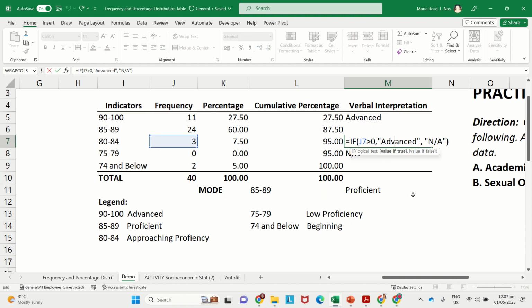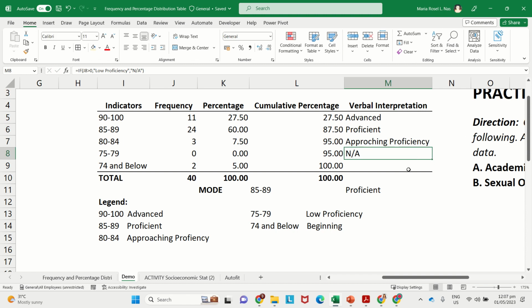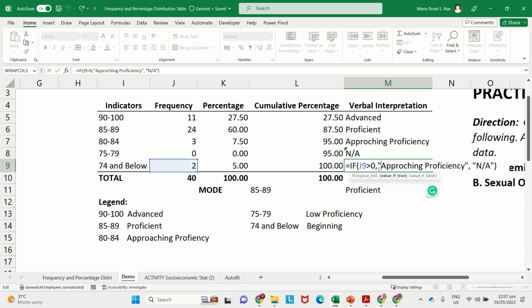For 80 to 84, approaching proficiency. And for 74 and below, this should be beginning.